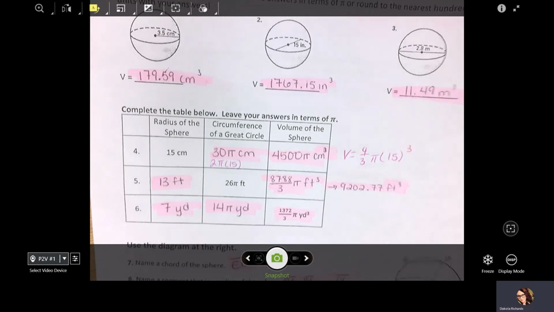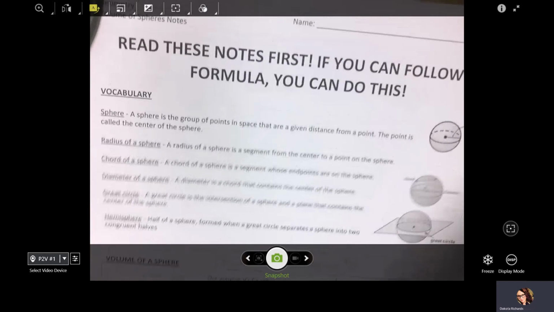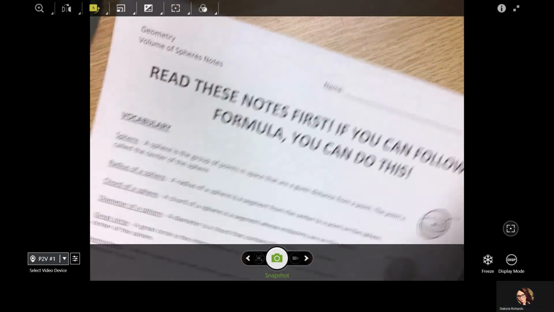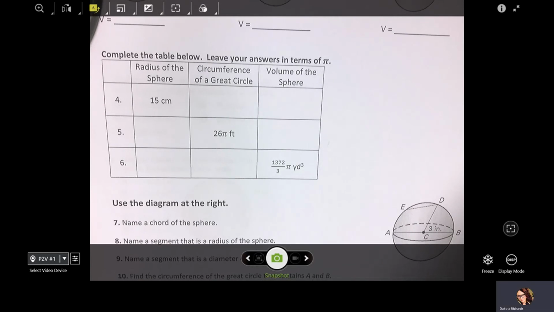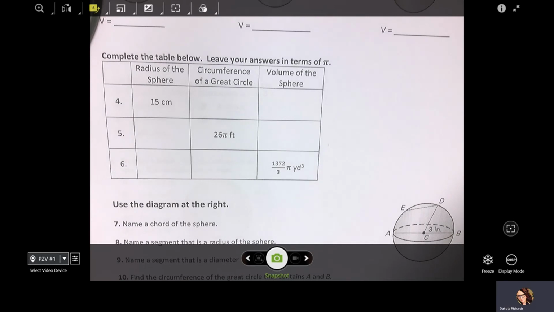Okay, so on number 5, I actually want to do this one. All you're given is the circumference of the great circle. So that's the circle that cuts the sphere in half.